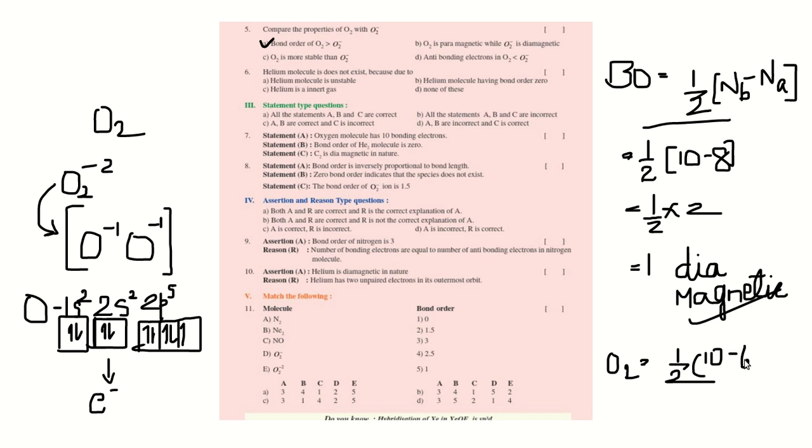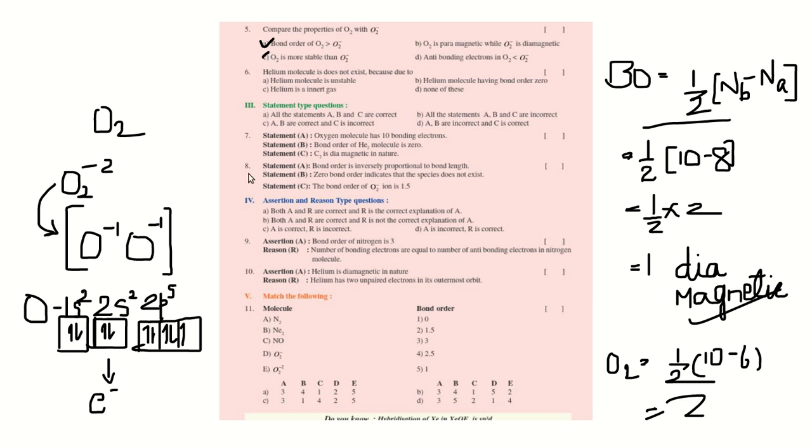So 10 minus 6 is nothing but 4, and half of 4 is 2. As it is 2, that is greater. So A and C, and O2 is more stable.